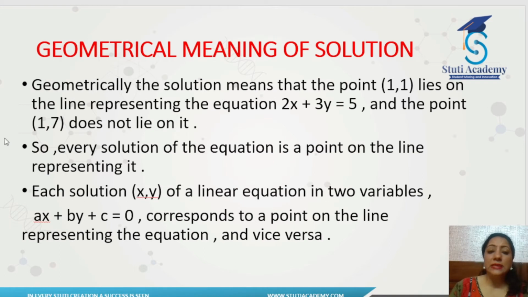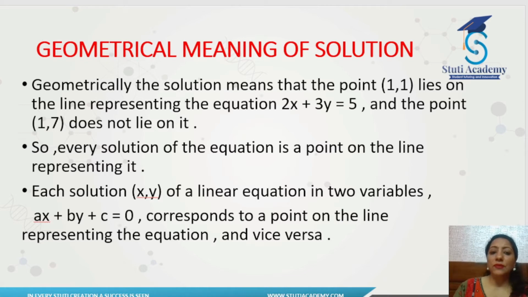And yesterday in class, we also discussed in detail the geometric meaning of solution. Geometrically, the solution means that the point (1, 1) lies on the line representing the equation and the point (1, 7) does not lie on it. This means that all the solutions for a particular equation are going to lie on the graph of that equation.